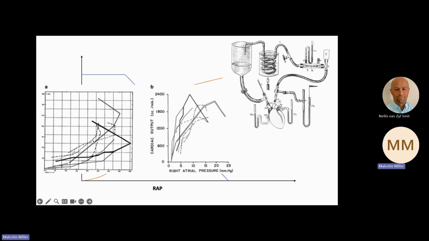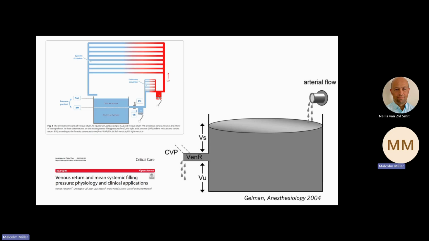You can see that once you put it on the y-axis, it starts to look a lot like the Starling curves that we know now, and the interaction between right atrial pressure and cardiac output. So just some interesting analogies between Starling and Guyton that illustrated the same point, but using different mechanisms to prove it.